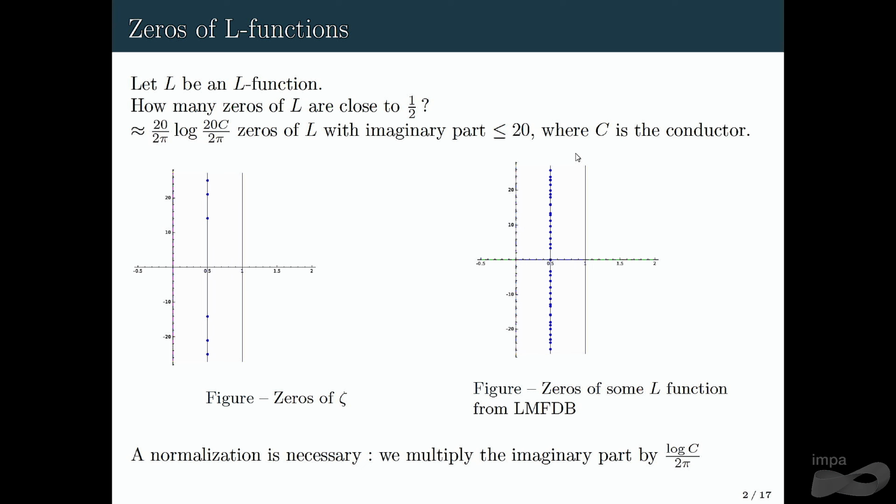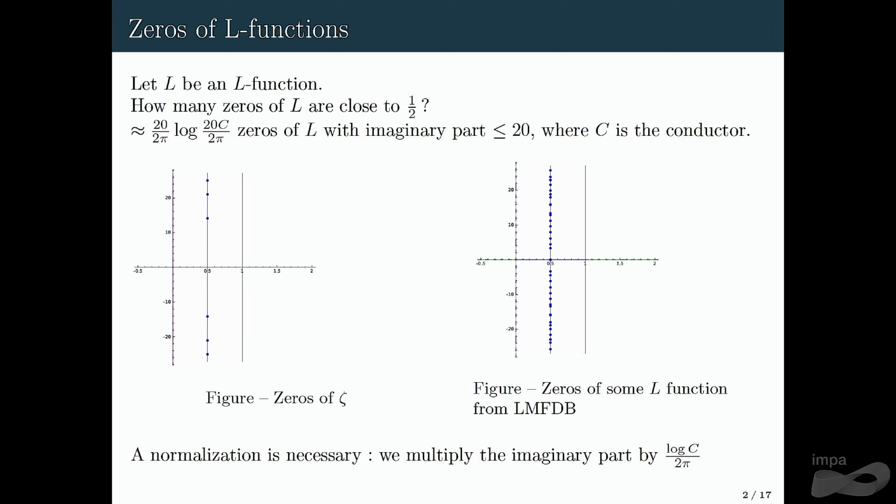So I'm going to change the normalization. Let me start again. If you count the zeros by the Riemann-von Mangoldt formula, there is approximately 20 over 2π times log of C, where C is the conductor, which is the good constant associated to the L function.